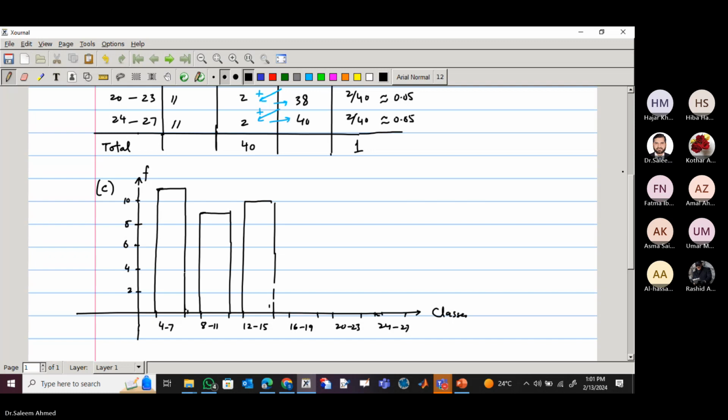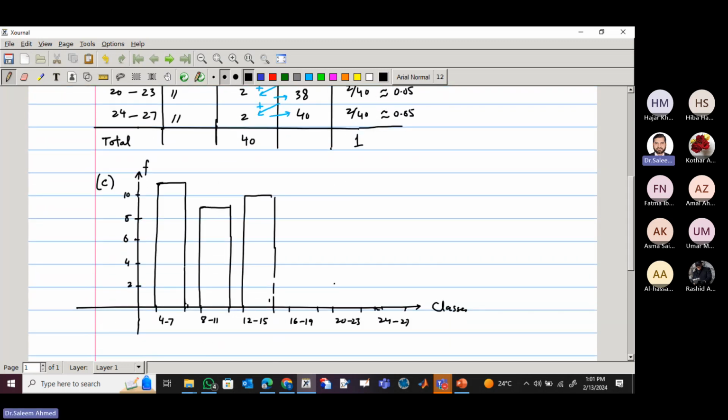And then 6. This one is 6, and then 2, and then 2, right? So I can start from here, go to 6, 2, 2. Of course here, because I'm trying my best on this tablet. So this is your frequency.